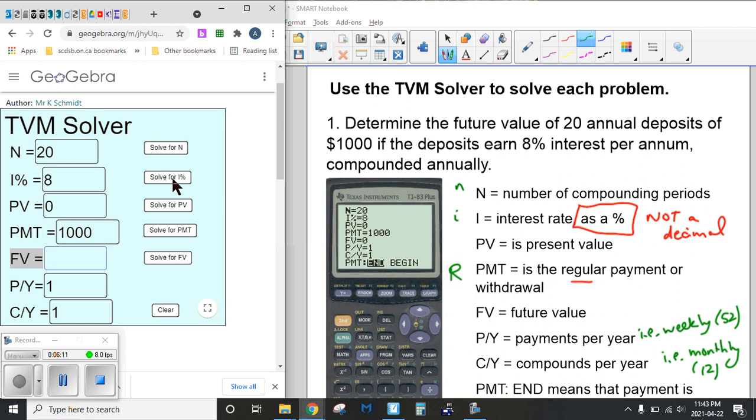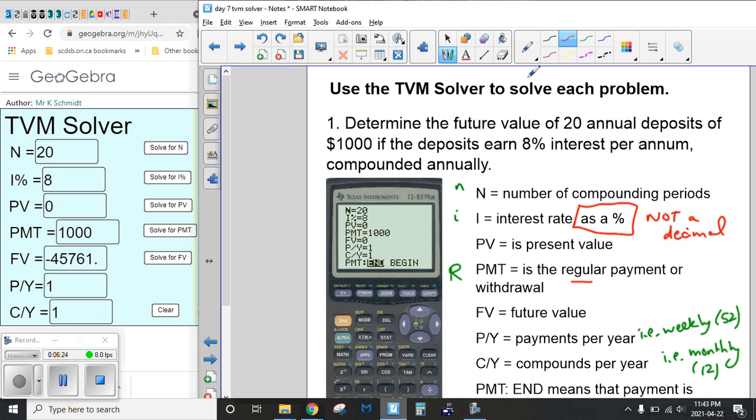So all of these are things you could solve for, and in this question we want to solve for future value. So I'm going to click on that, and it tells me the future value is 45,761, and it rounds it off to the nearest dollar. It doesn't tell us the decimals there.